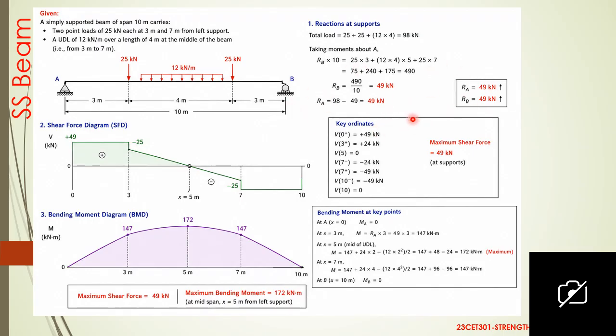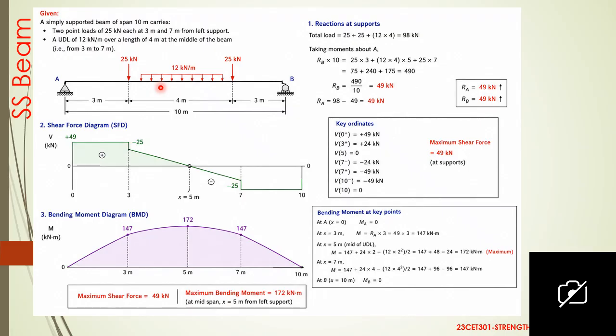Reaction at A is 49 kilonewton and reaction at B is also 49 kilonewton. Why are both values the same? You can easily see from A 3 meter 25 is acting, from B 3 meter 25 kilonewton is acting, and at the center of the beam we have 12 kilonewton per meter for a length of 4 meter.